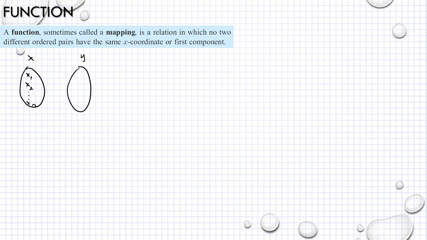We do the mapping to y sub 1, y sub 2, and so on to y sub n, as long as no two different ordered pairs have the same x coordinates. So x sub 1 to y sub 1, x sub 2 to y sub 2, x sub n to y sub n. Then this is called a one-to-one relationship, and this is a function.